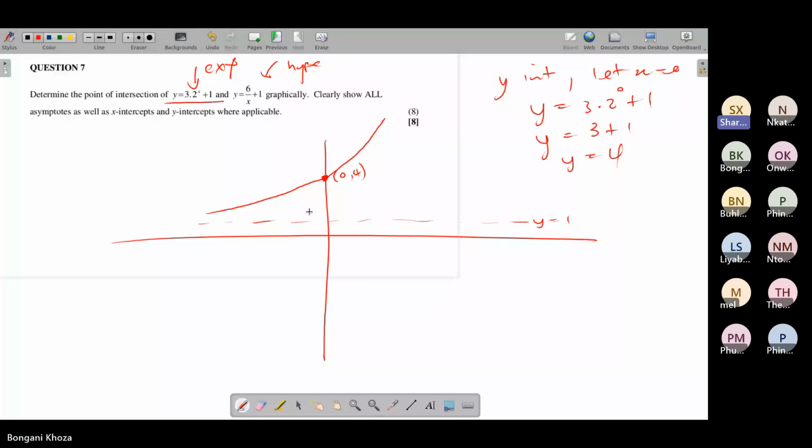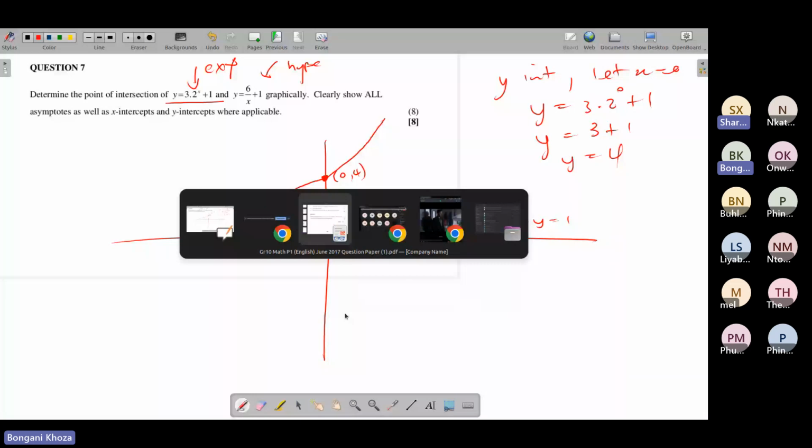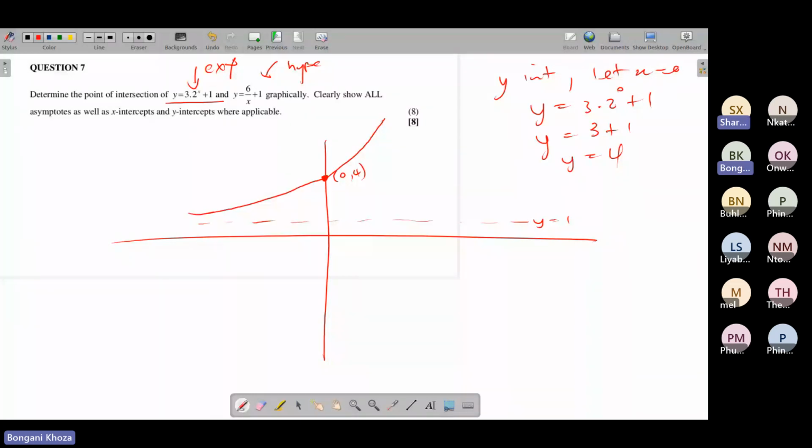And then I'm guessing this is how your line is supposed to go for this one. This one, let's see the asymptotes that we have. It's still y equals 1. The other one is this one. And that means we'll end up having it going to be somewhere here and here. That's going to draw them. Difficult not having the graph paper.